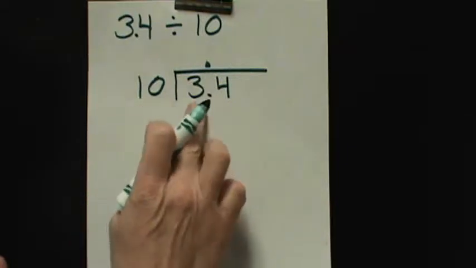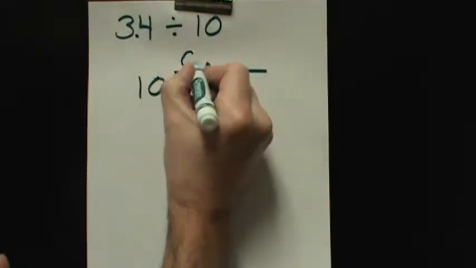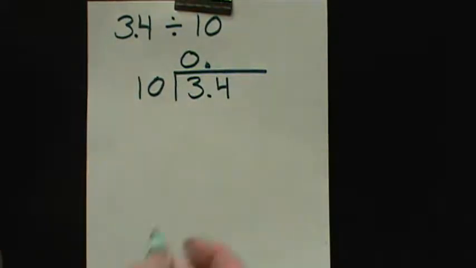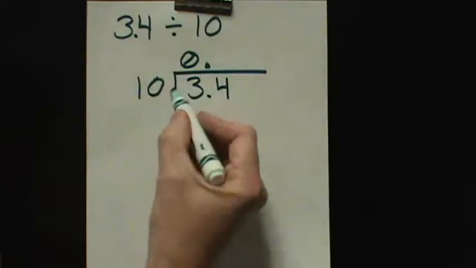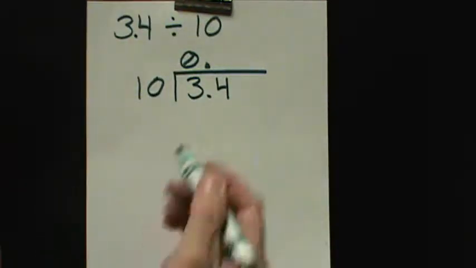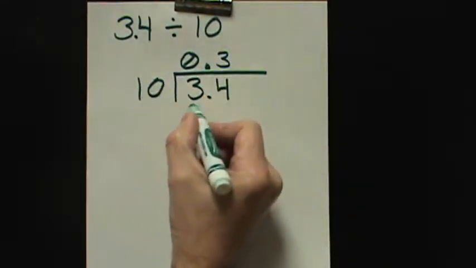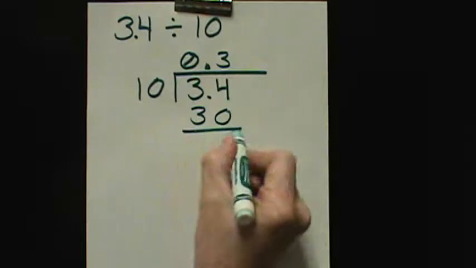10 cannot go into 3, but we have to show that we have no value in the ones place, so we're going to annex a 0 up into the ones place. We then ask ourselves, how many times does 10 go into 34? 10 will go into 34 3 times. 3 times 10 is 30.